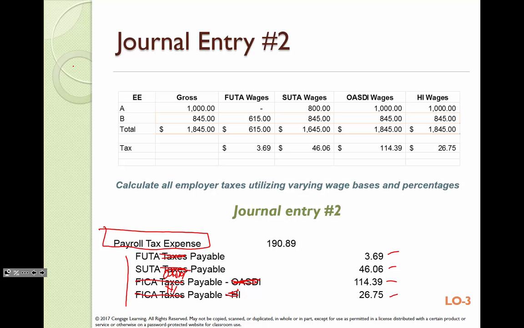What happens next? So I've run the payroll. What's still an outstanding issue for me? Well, I've got to pay what? I've got to pay all my taxes. These are all sitting in a liability account, aren't they? When do I have to pay my 941 taxes?